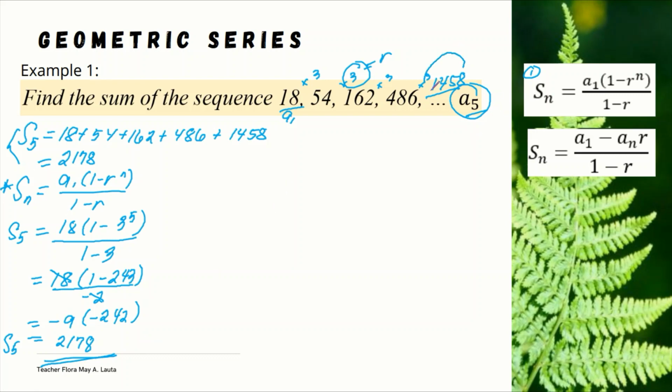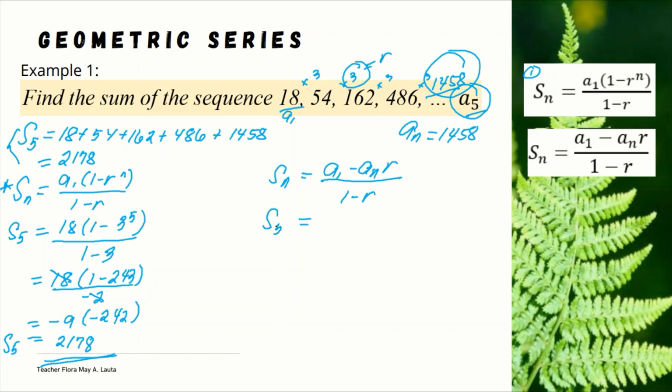Or, since we know that a sub n is 1,458, we can use the second formula. S sub n is equal to a sub 1 minus a sub n times r, divided by 1 minus r.